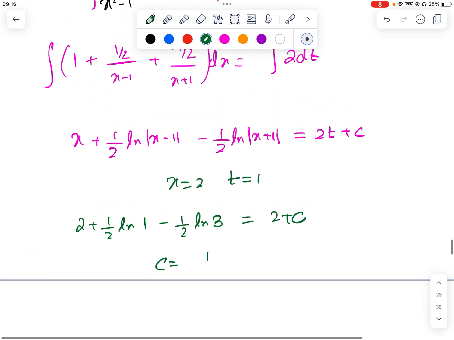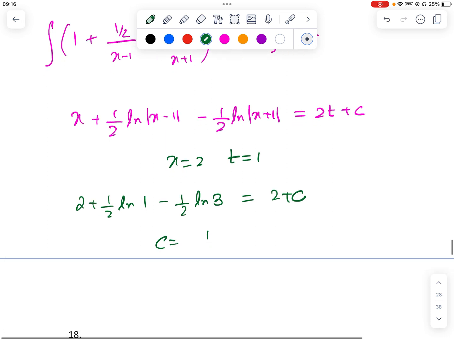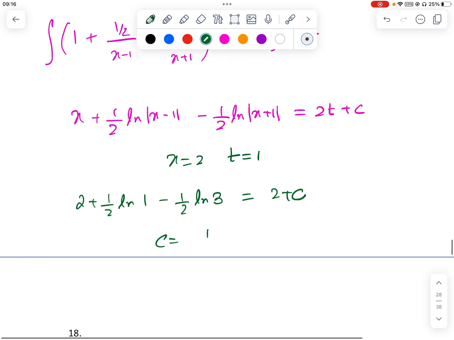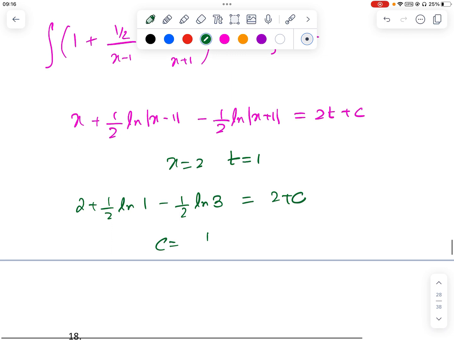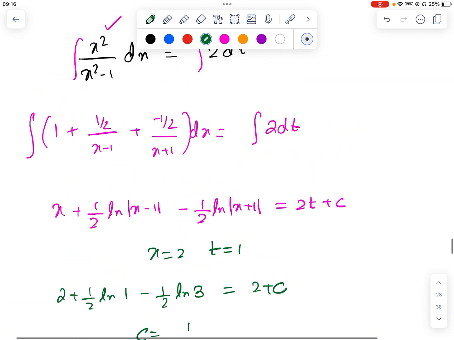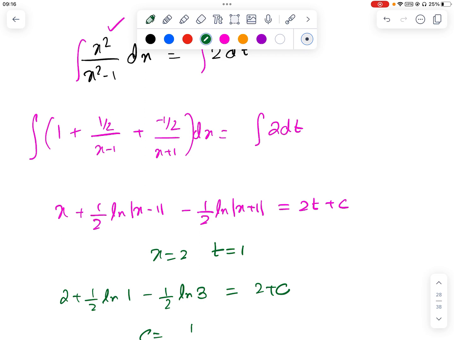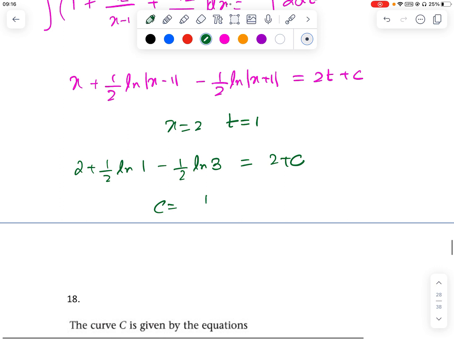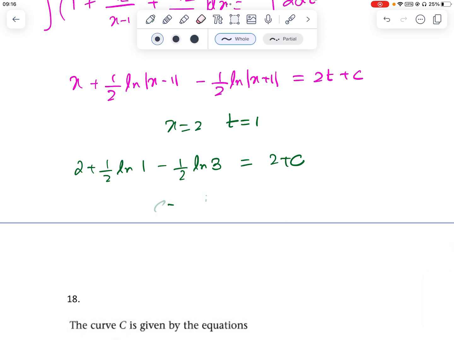It was minus 1/2 ln 3 over there. I plug in 2 and I get this 2. So let me write it out over here. 2 and 2 get cancelled.